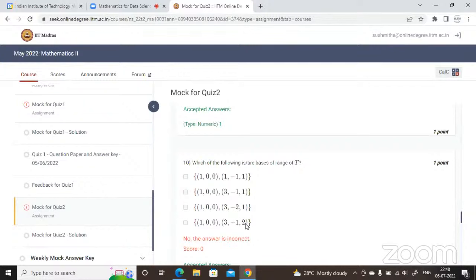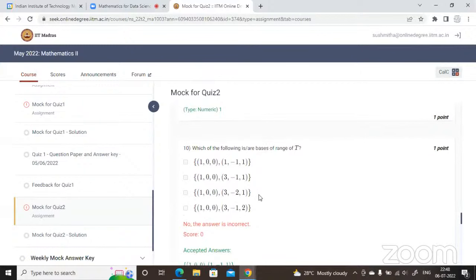So these two are eliminated. In the first two options, b is equal to minus c is satisfied in both the vectors, and both are linearly independent. So this forms a basis, right? The first two options. Yes.